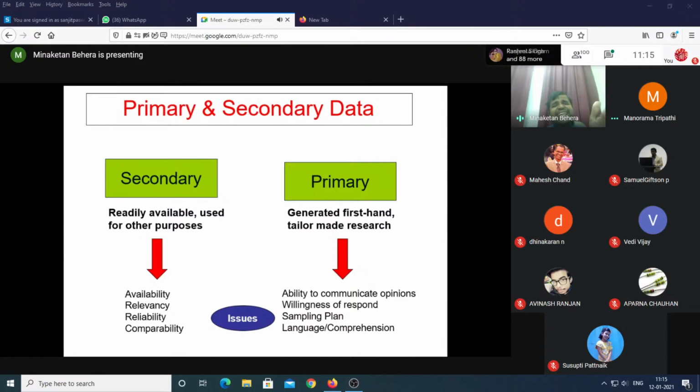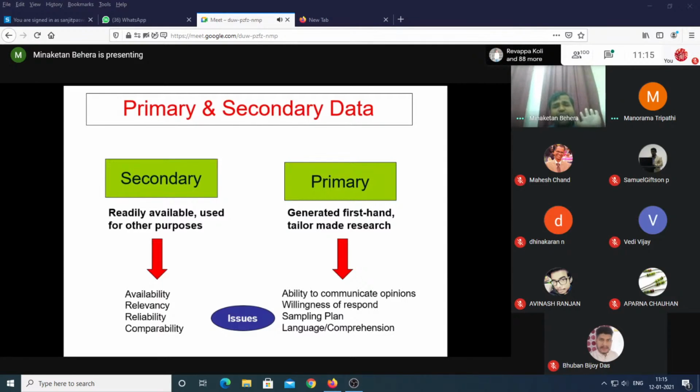Whatever the secondary literature says, whether it is true or not and to what extent it is valid, you have to check with a field survey. Field survey will give you a good understanding of the ground reality. So this is the first point to take care of.